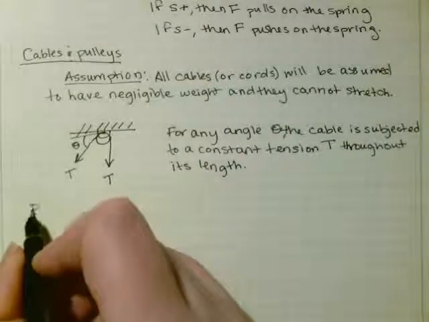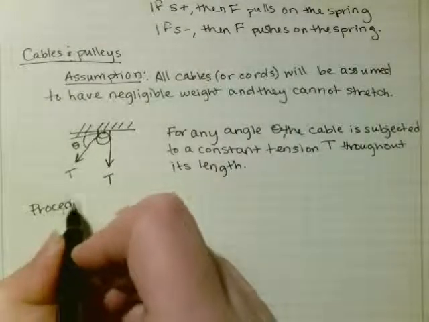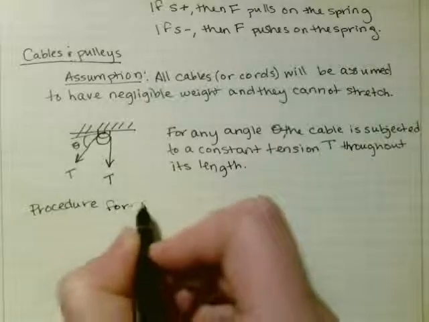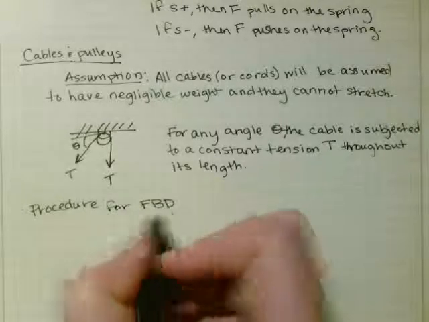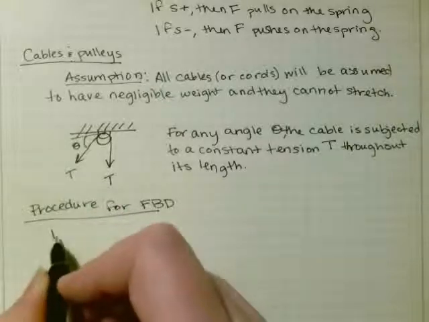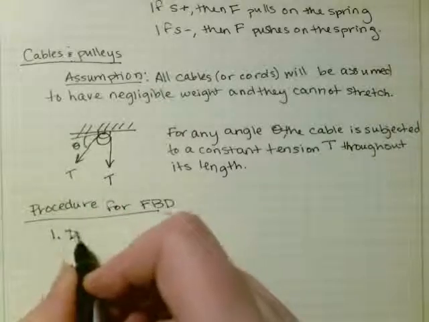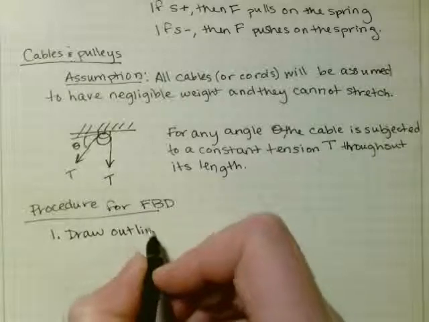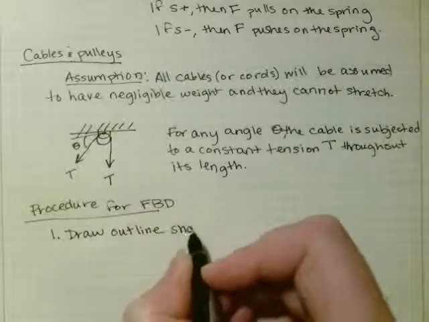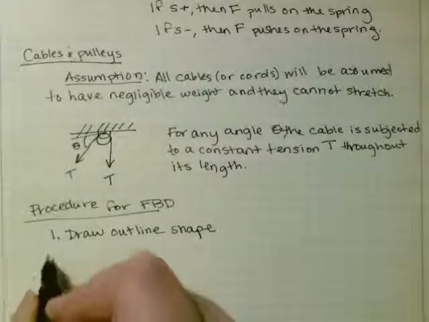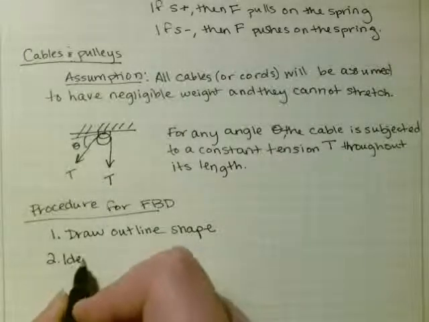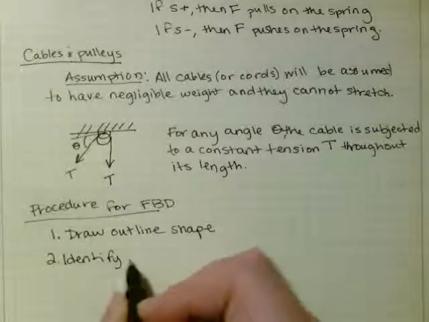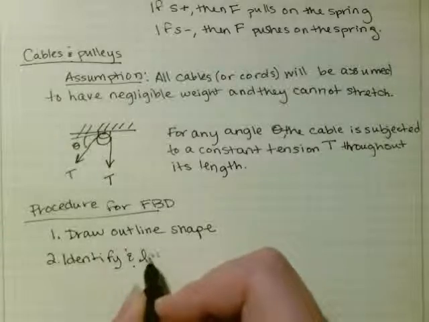So the procedure for our free body diagram is as follows. You want to draw your outline shape, and then identify and label all forces acting on the object.